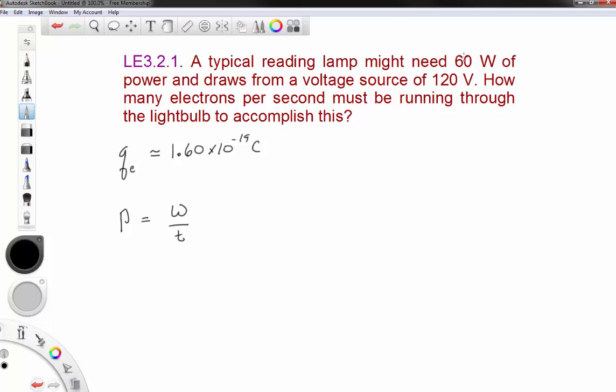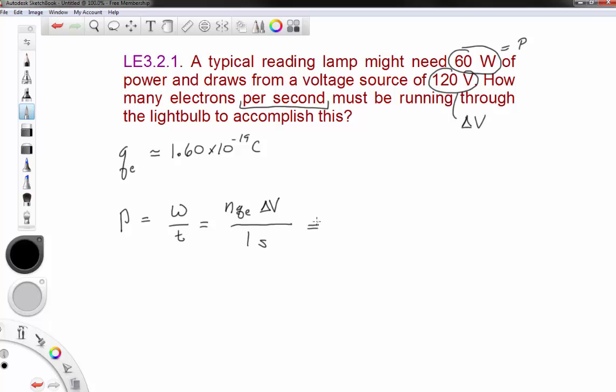So the power here is 60 watts, which is work per unit time, joules per second. The amount of time we're going to take is 1 second, because it's how many per second. The work done is the charge, Q sub E, times the number of electrons that have that charge, times the potential difference that they go across, delta V. Delta V in this case is 120 volts.